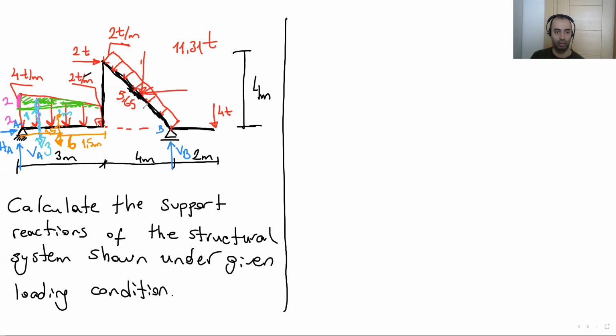No, don't memorize anything. Please take a look at the directions of the given distributed load, and the resultant concentrated load will be in the same direction as the uniform distributed load. Arrows should be in the same direction.